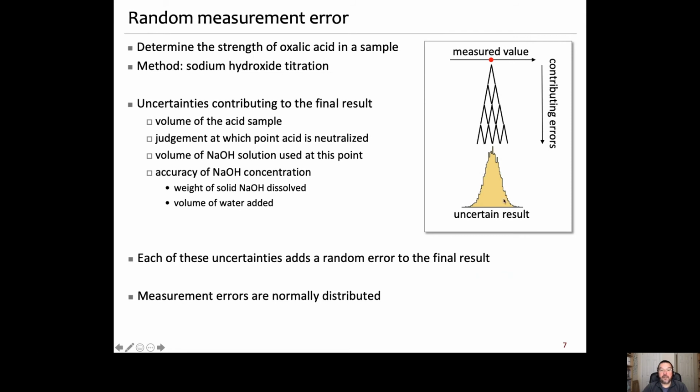And the final distribution of this, if you repeat your experiment multiple times, is a binomial distribution, and it will approximate normal distribution when the sample size n is large enough. The final result is a random variable with roughly normal distribution. So I want you to remember from here that measurement errors in most cases are normally distributed.